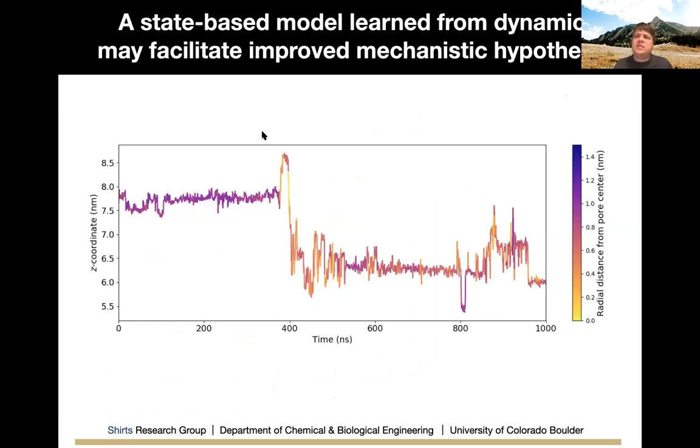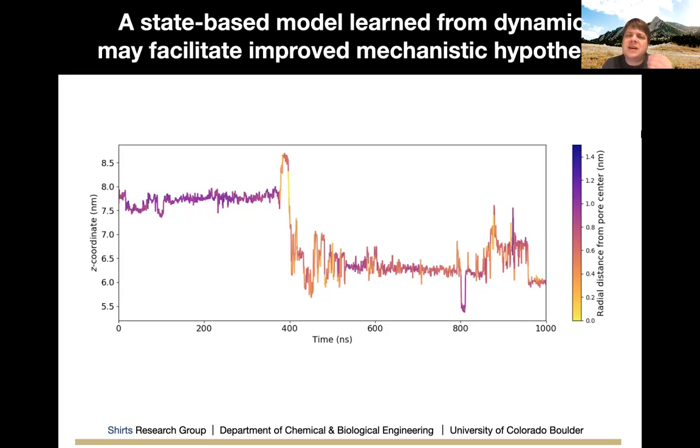So each different molecule is getting trapped in different ways for different amounts of time. And so one thing that we've really been focusing on recently, and we recently published, is to try to use state-based models, learn from the dynamics in order to facilitate understanding the mechanistic hypotheses, rather than just staring at the structures and trying to figure out what's happening where.